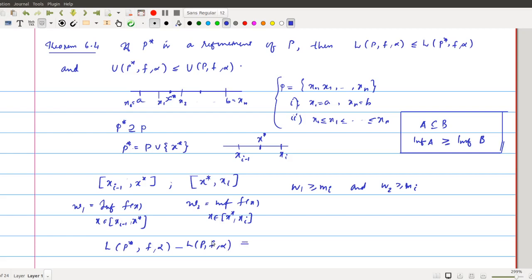Okay, so if you consider this difference, as far as this xi minus 1, xi is not concerned, all the other terms will be the same in these two sums.